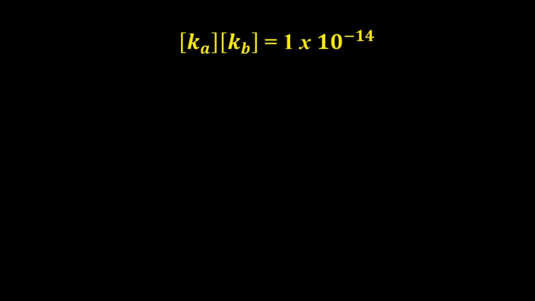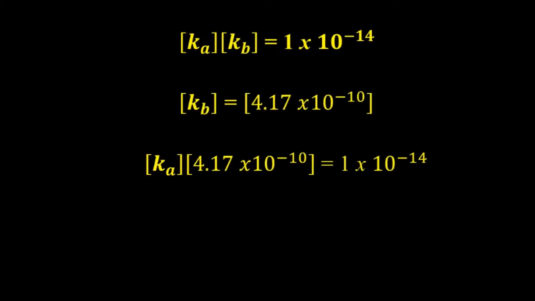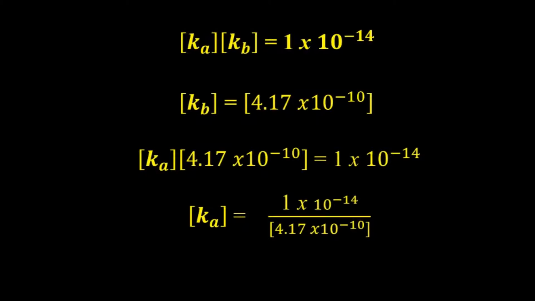Starting with the estimation, there's the equation, and then we'll solve for Ka. Dividing through by Kb, there's the equation for Ka. Dividing 1 times 10 to the negative 14th by Kb, we get Ka.